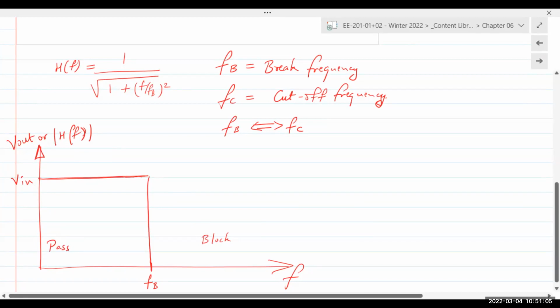Now, this, of course, is showing you the graph of an ideal filter. FB is a hard transition. Anything less than FB has a value of V in. Anything higher than FB has a value of 0. In real life, this transition is not that steep. It's not a sudden transition. It's a very slow transition.